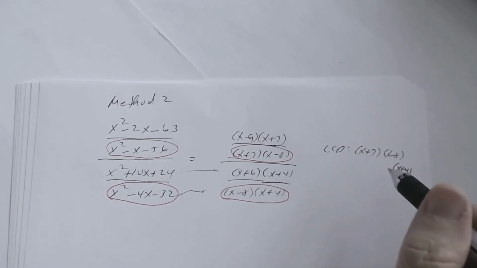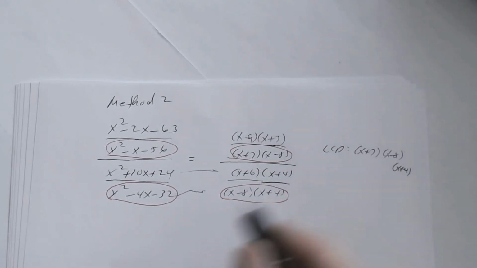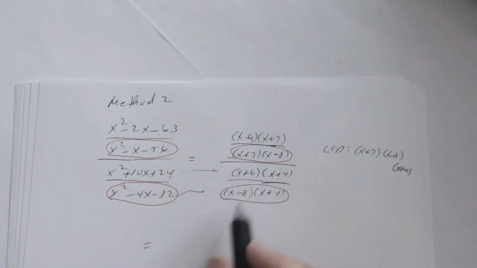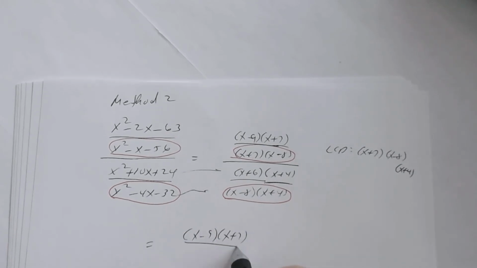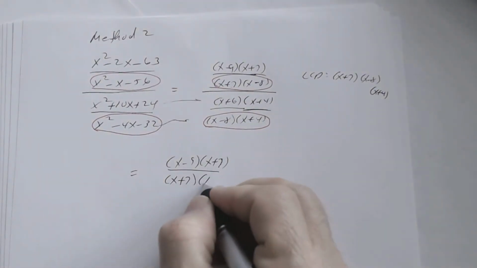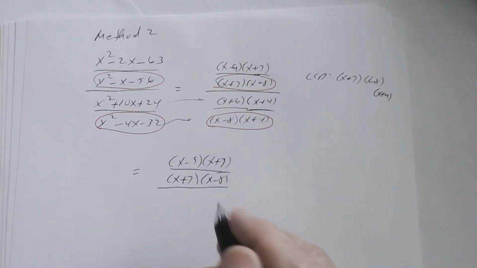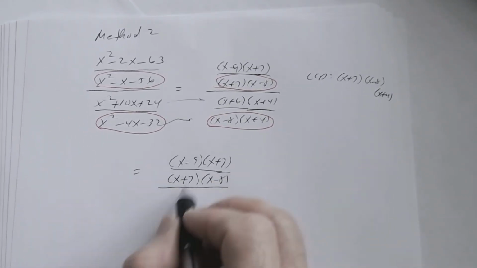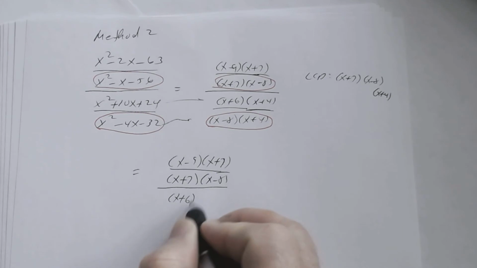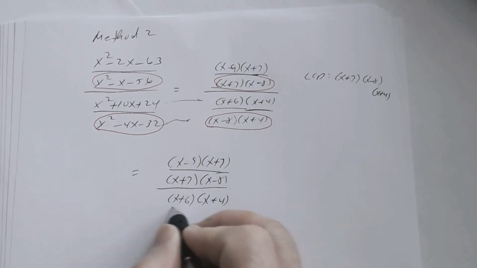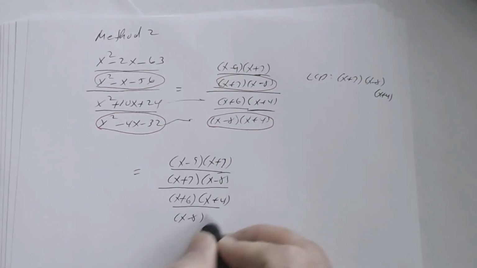Once you find your LCD, the next step is to rewrite the problem. (x minus 9)(x plus 7) divided by (x plus 7)(x minus 8). You see how method 1 was easier? This looks like it's getting complicated. Divided by (x plus 6)(x plus 4), divided by (x minus 8)(x plus 4).